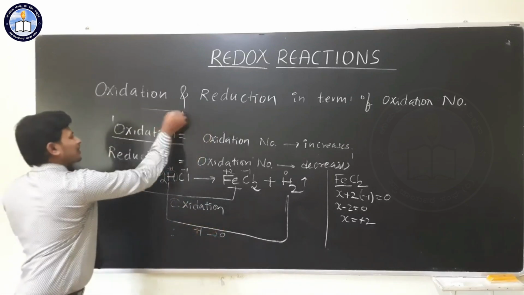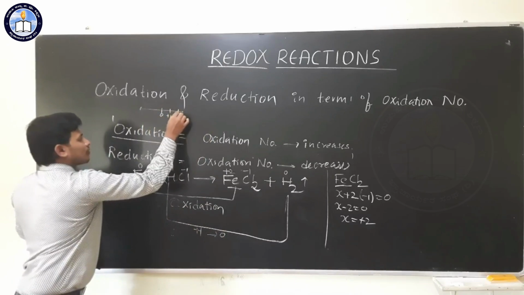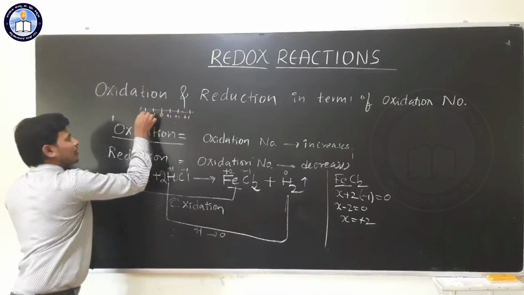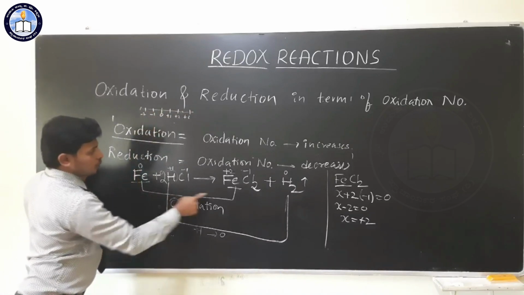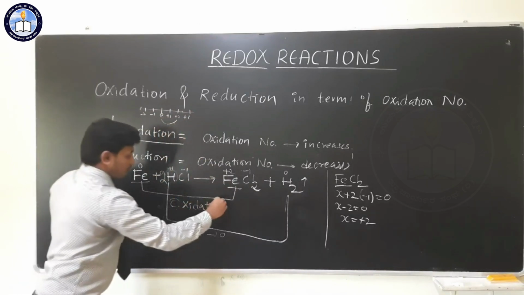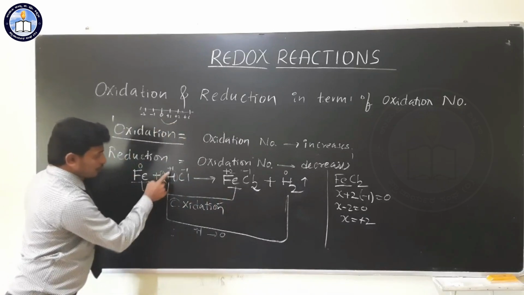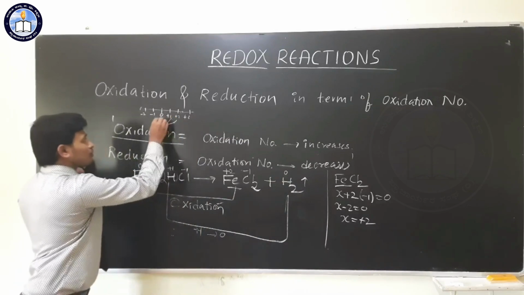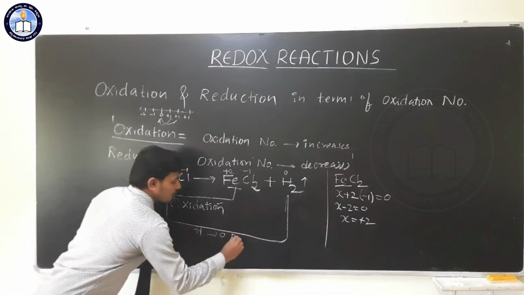See this one, if it is 0 here, plus 1, plus 2, plus 3 this side, minus 1, minus 2 like that. First case, Fe is 0 to plus 2, increase in oxidation number, oxidation. In case of hydrogen, plus 1 changes to 0 means decrease in oxidation number, therefore it is known to be reduction.